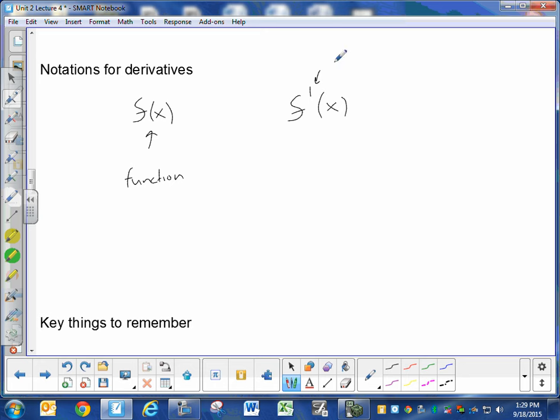This little tick mark we say is prime. It's just a little tick mark. It's like a 1, but it's not a 1. It's just a tick mark. Okay? And this is what we consider the derivative function, or the slope of the tangent function, or the instantaneous rate of change function. We'll start by just saying it's the derivative function.